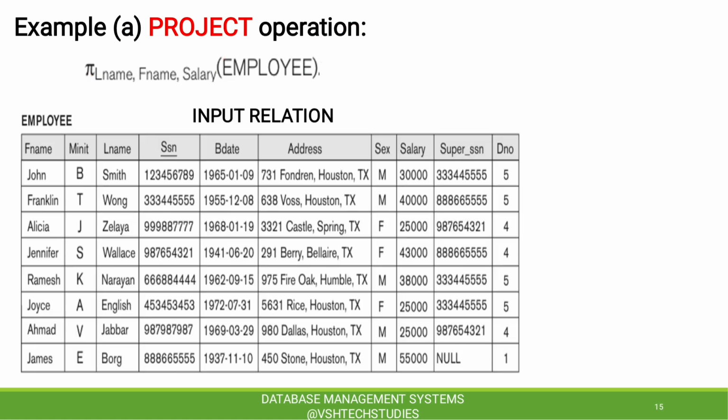If this is the example employee relation taken as input, it has 8 rows and 10 columns.